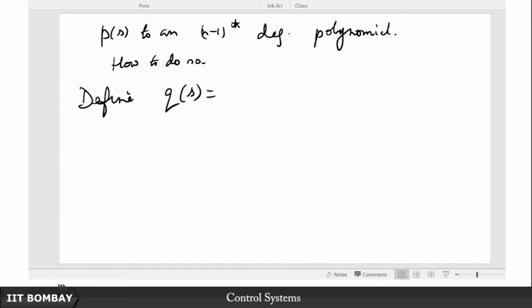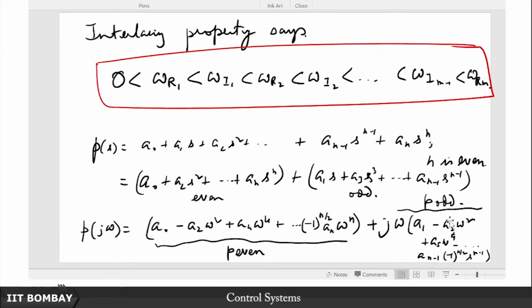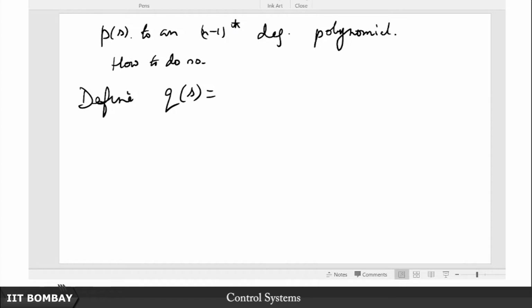So what we then do is, we do not have any problems with this odd part in this case, because the odd part is already having the highest degree of n minus 1. But it is this even part which has this nth degree which we want to reduce. So what we do is, we retain the odd part as it is.